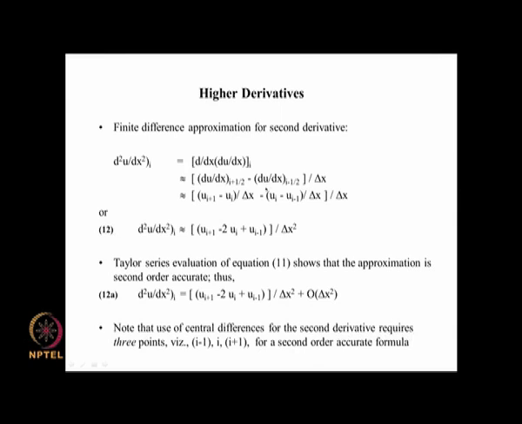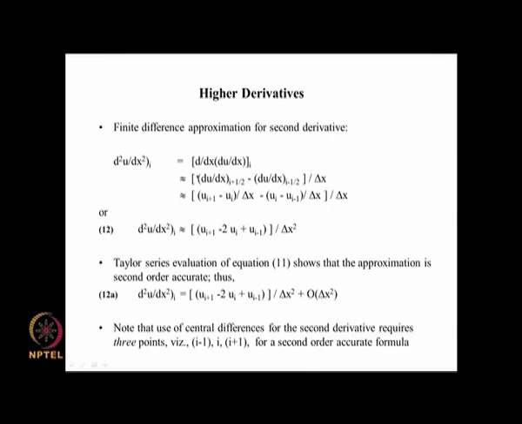Now at this stage we are evaluating u only at i plus 1, i minus 1, i plus 2 like that. We are not actually evaluating at i plus half. So we shouldn't be writing it like this, but fortunately it is only the value of u that is being evaluated at the grid nodes.